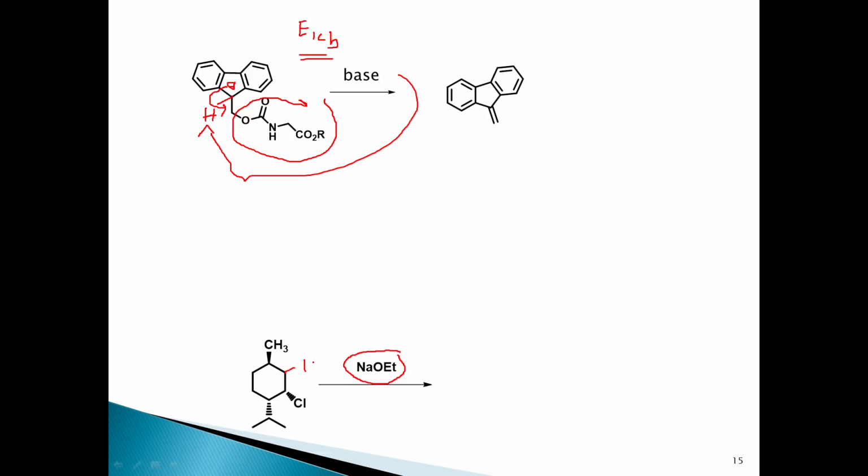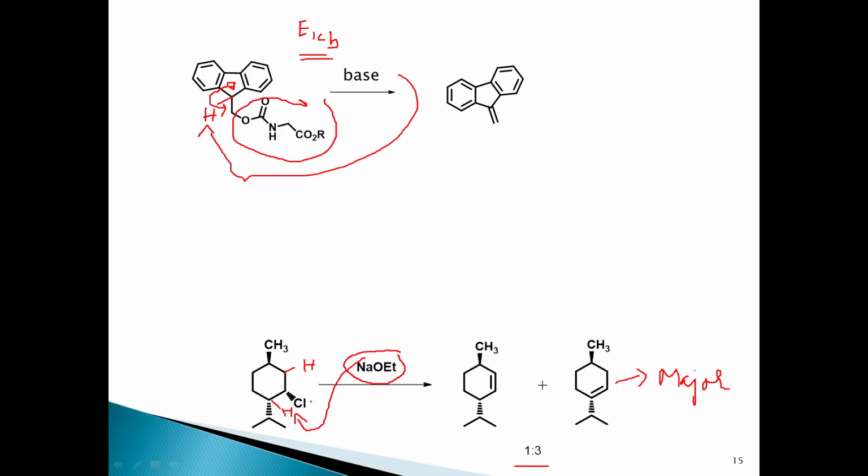Either it can abstract this hydrogen or it can abstract this hydrogen. But since it is a non-bulky base, it will abstract this hydrogen to give us the more substituted product, the Zaitsev product. Like you can see over here, we have a ratio of 1:3 where the more substituted product is the major product.